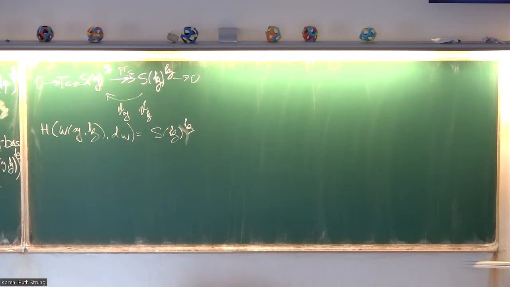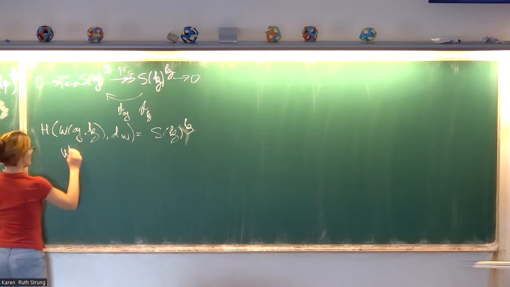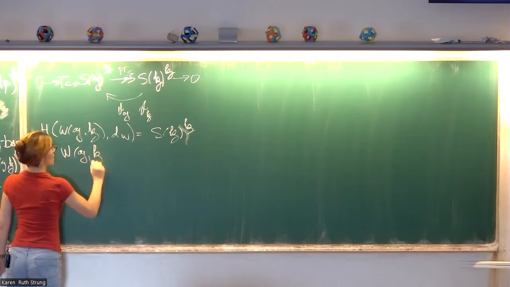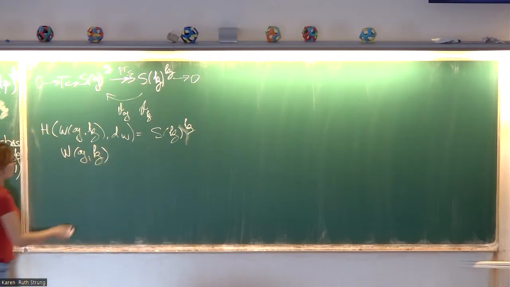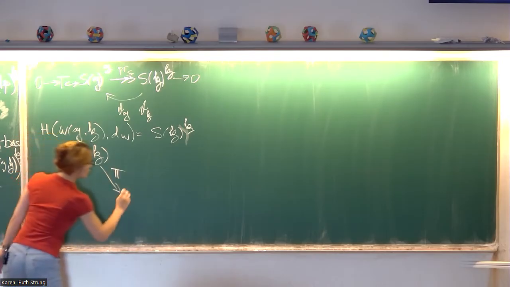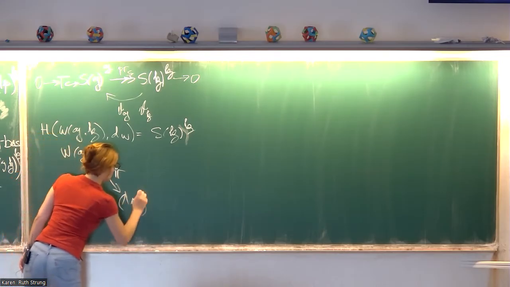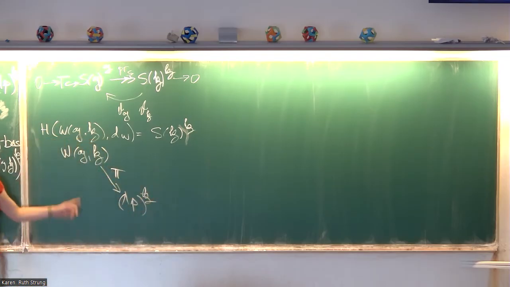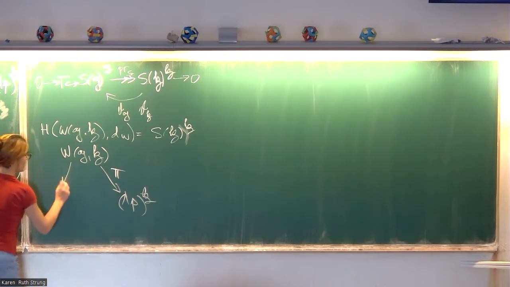So far, we have this. So we start with the whole Weil algebra. I define the projection to the exterior algebra of P, and we have the differential.